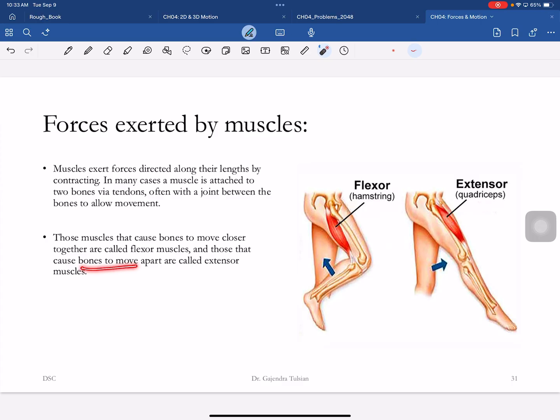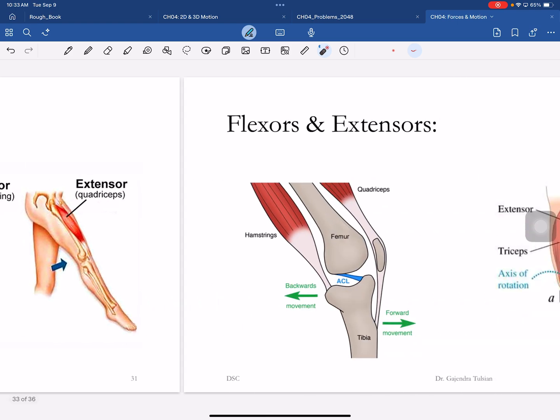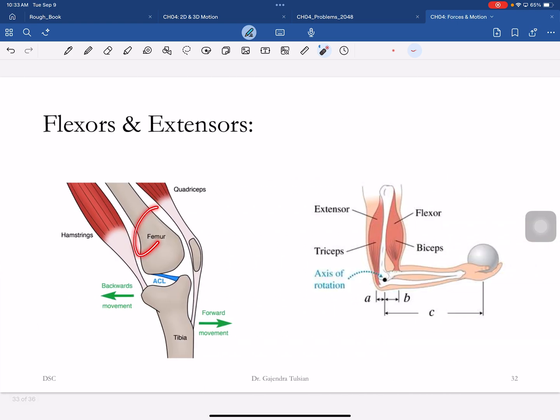And those that cause bones to move apart, so if this leg was bent and you straighten this leg, these bones will move apart, they're called extensor muscles. So when this muscle contracts, this bone moves that way. That's a flexor muscle, and this is an extensor.